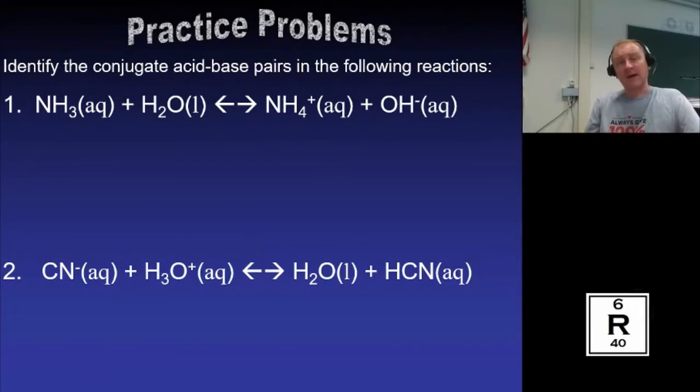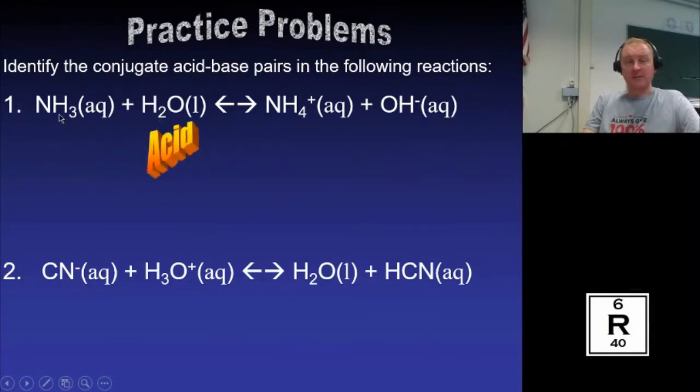So let's do a little more practice with this. Remember, the acid is the substance that loses the hydrogen ion. So what's losing the hydrogen ion here? Okay, we've got hydrogens in both of them. We take a look here. Which one lost it? It looks like water lost it and gave it to the ammonia, right? Therefore, water is the acid. Water gave a hydrogen ion to the ammonia.